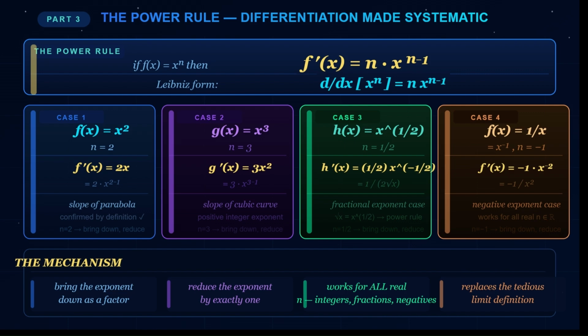For h of x equals x to the power 1/2, which is the square root of x, h prime of x equals 1/2 times x to the power negative 1/2, which equals 1 over 2 times the square root of x. The power rule even works for negative exponents. For f of x equals 1 over x, which equals x to the power negative 1, f prime of x equals negative 1 times x to the power negative 2, or negative 1 over x squared.